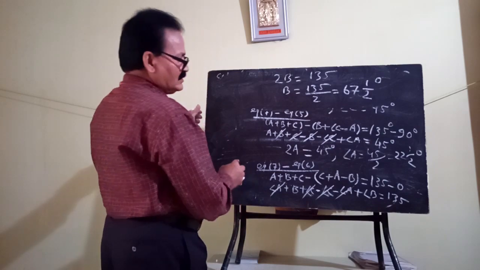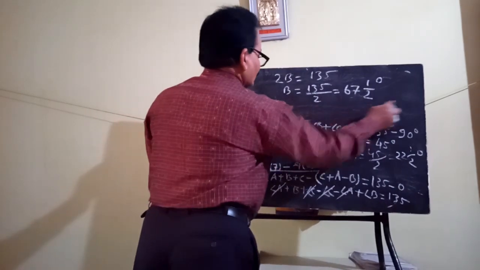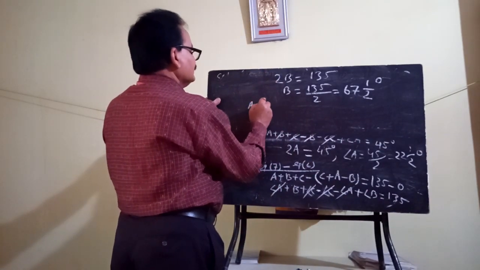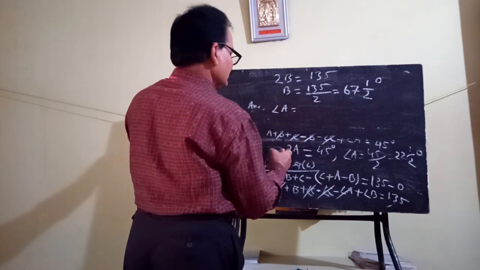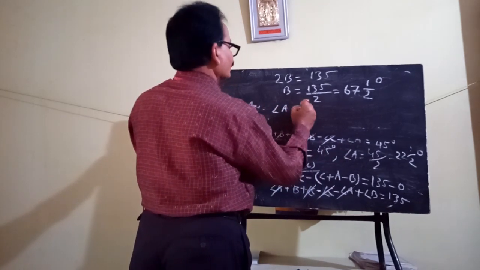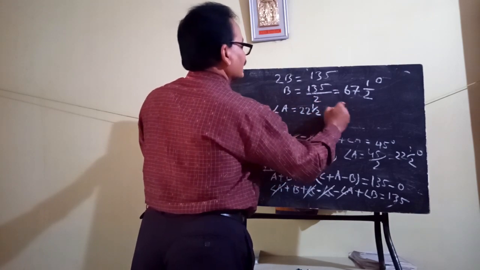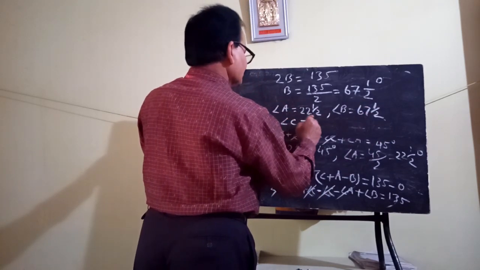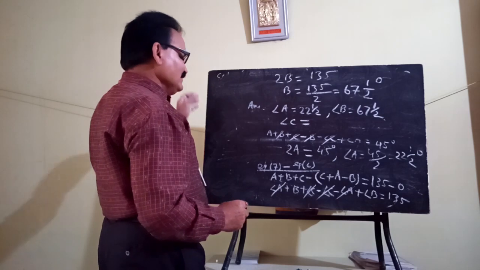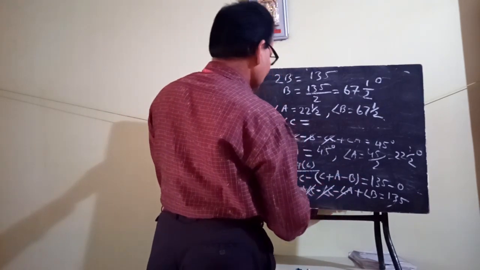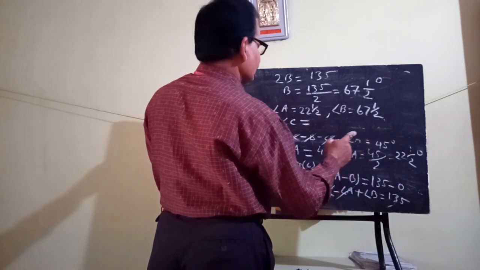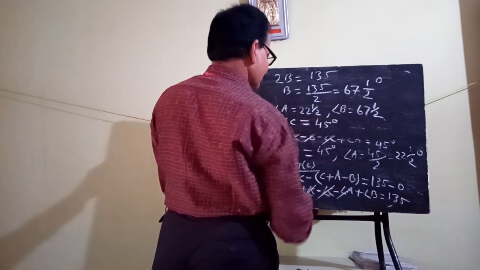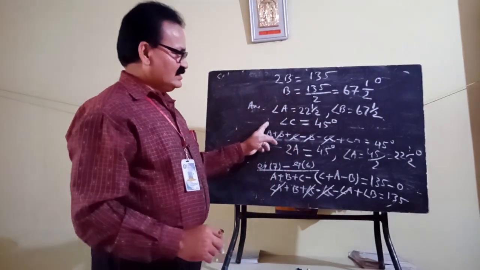So in conclusion, your final result is angle A equals 22.5, angle B equals 67.5, and angle C equals 45 degrees.